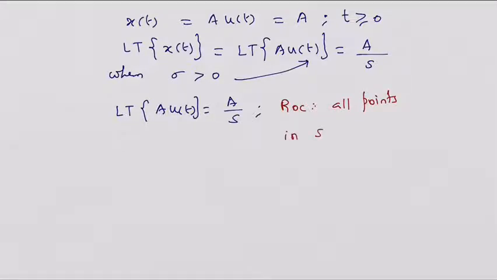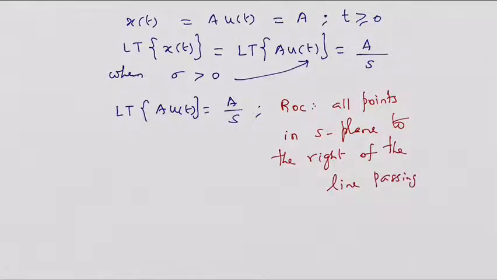In the S plane, we have seen it in the diagram, the graph, to the right of the abscissa of convergence, to the right of the line passing through sigma equal to 0. So ROC is the right half of the S plane.